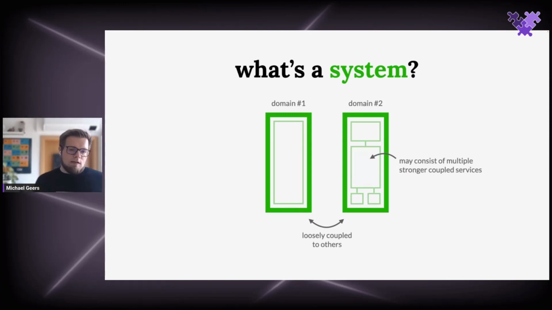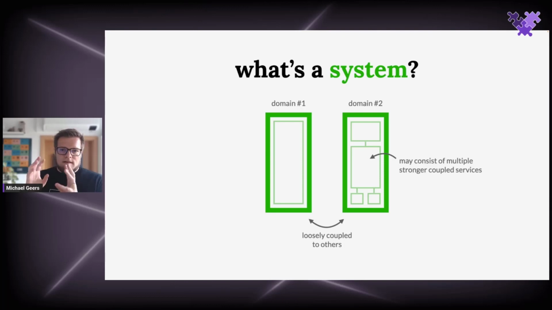It could be a larger one like the checkout process, or a smaller one like the product detail page, for example, or everything in between. And the internals of this system are not really relevant to the others. So a system can contain a front-end and a back-end component, or may consist of microservices underneath.